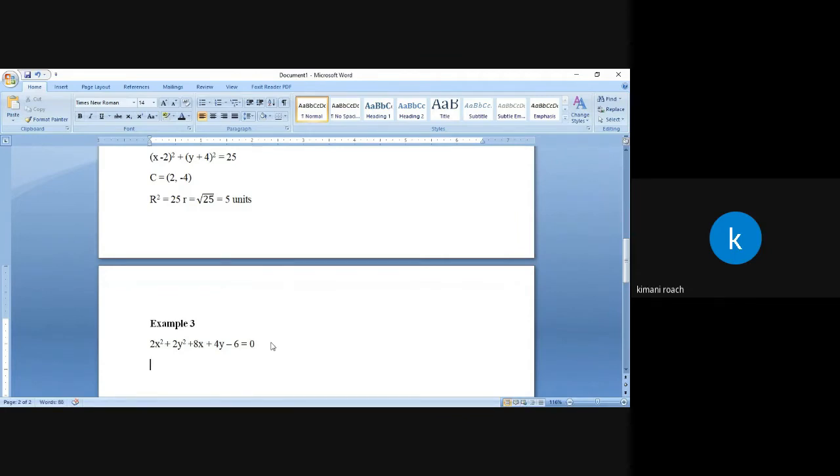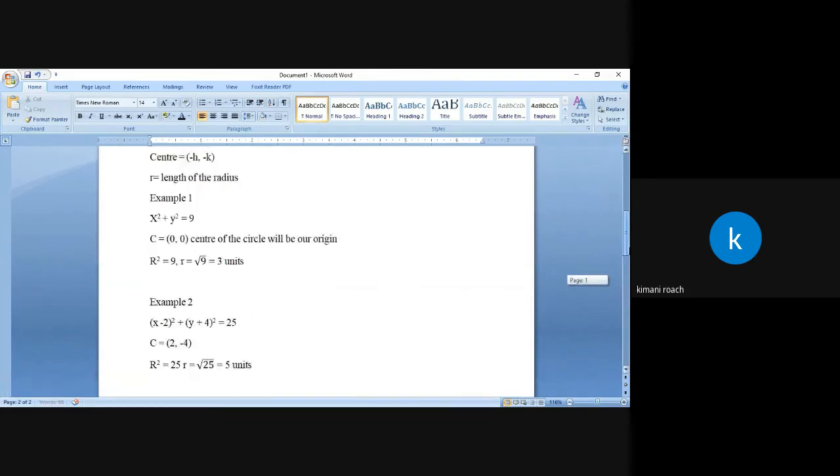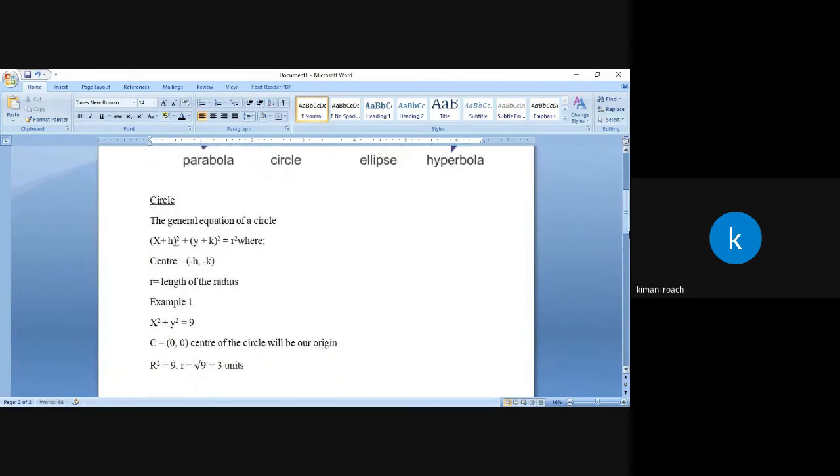When a circle shows up like this, we need to take the general form that we expressed earlier, which is (x + h)² + (y + k)² = r².